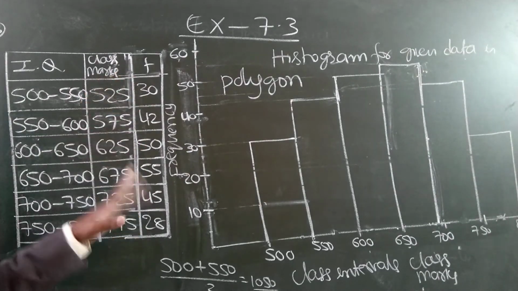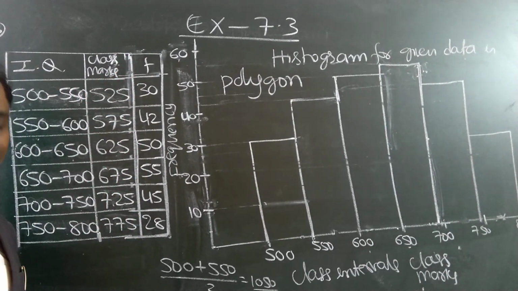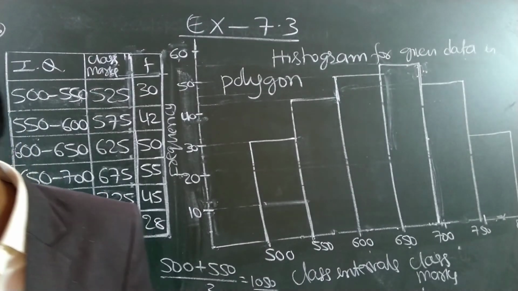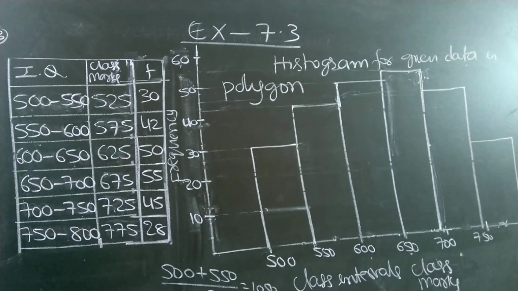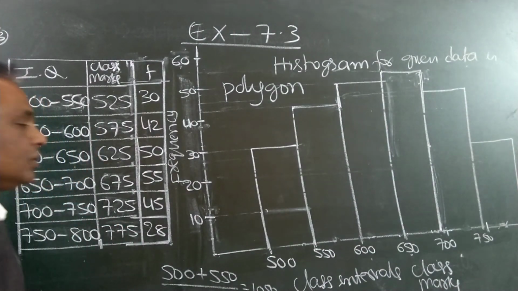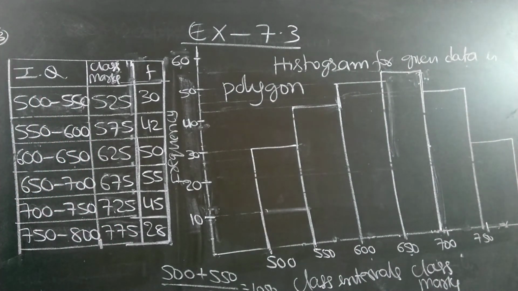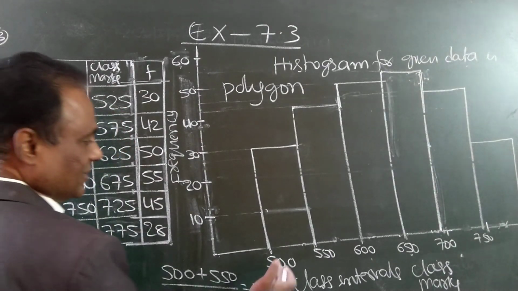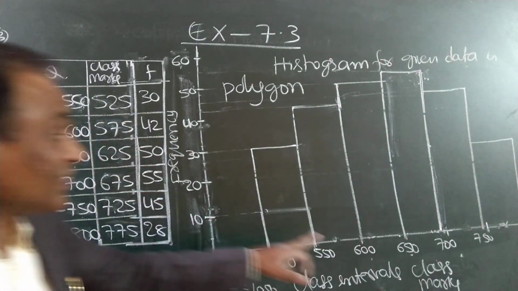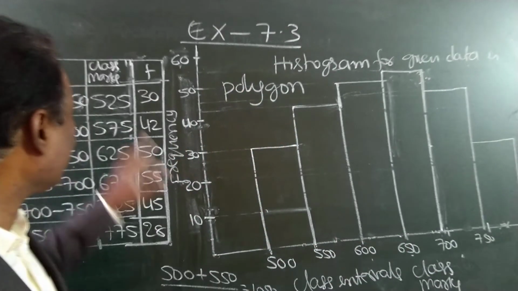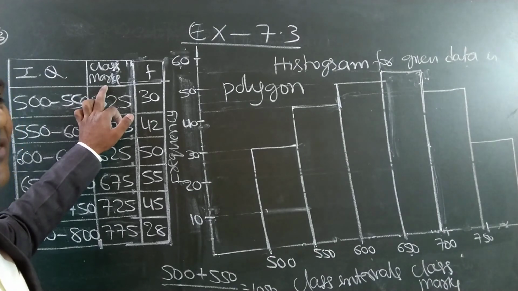Now, see here: 525. Class marks on this x-axis. Class marks means mid value.